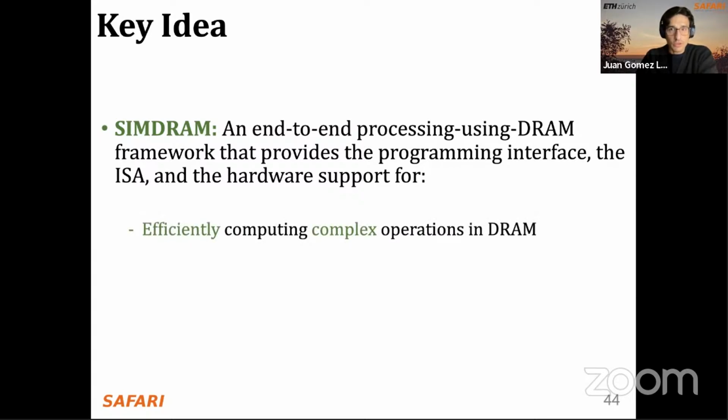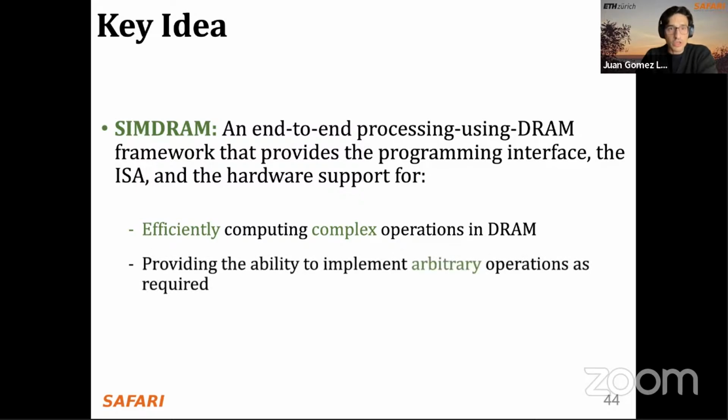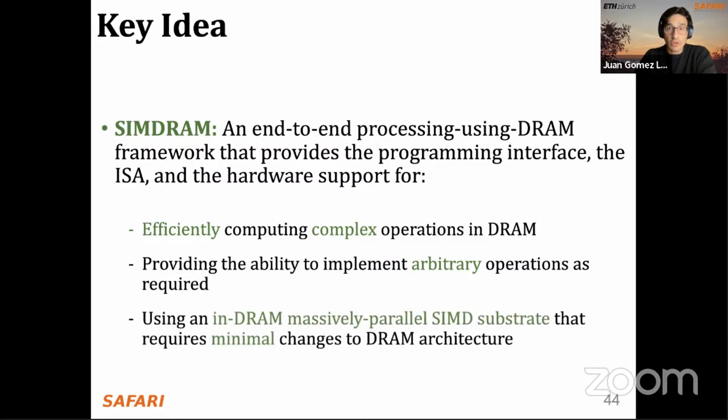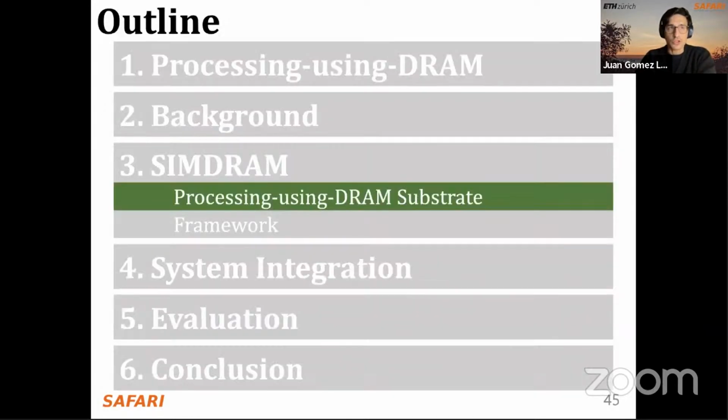So these can be complex operations executed in DRAM. We are free to implement new arbitrary desired operations, so the framework is flexible and also takes advantage of the massive parallelism that DRAM has. So in the end, we are turning DRAM into a massively parallel SIMD substrate, as you are going to see.